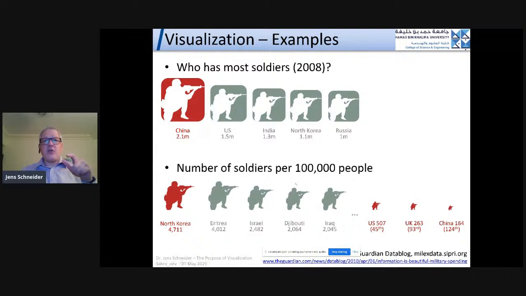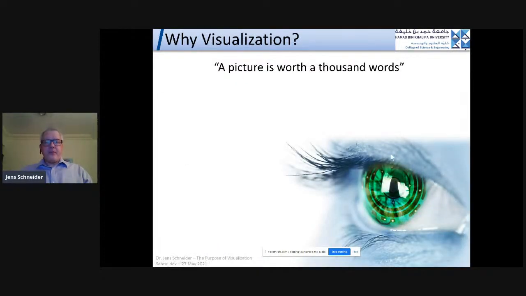As number of soldiers per 100,000 people, North Korea has 4,711. So this is 4.7% of the population serving as soldiers. And why this matters is that many things that we see and realize as humans are happening on a relative basis, not on an absolute basis.